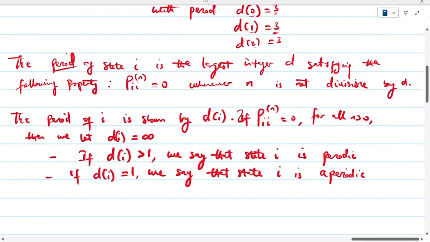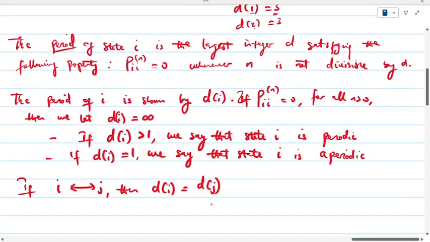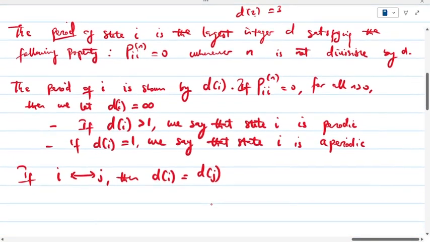Also, you can note that all states in the same communicating class have the same period. Then a class is said to be periodic if its states are periodic. That is, if i communicates with j in the same class, then d_i is also equal to d_j.